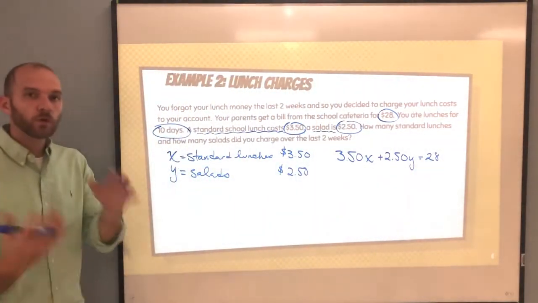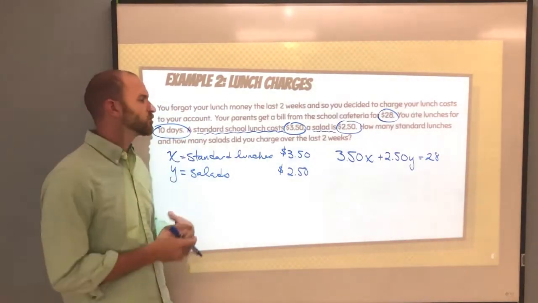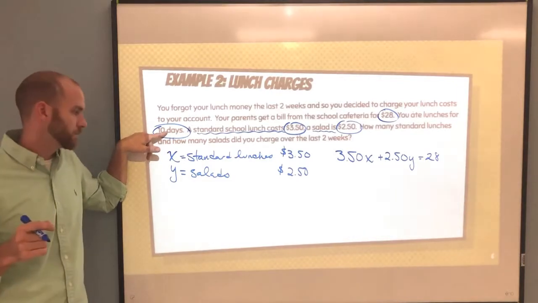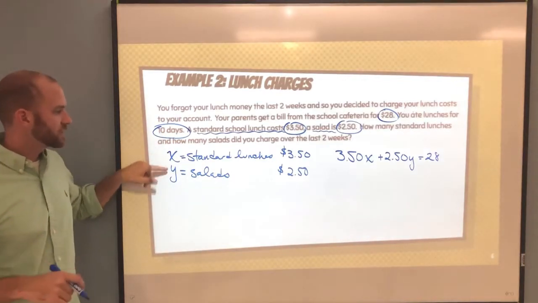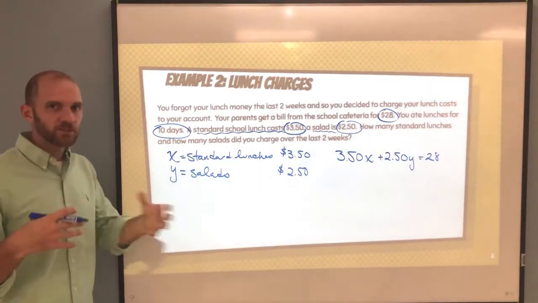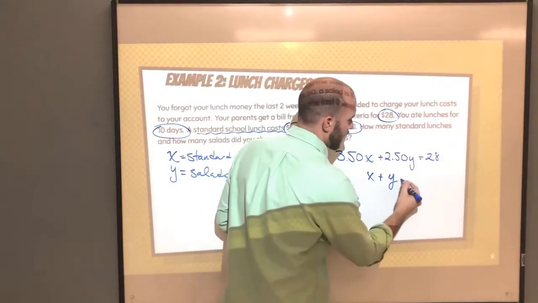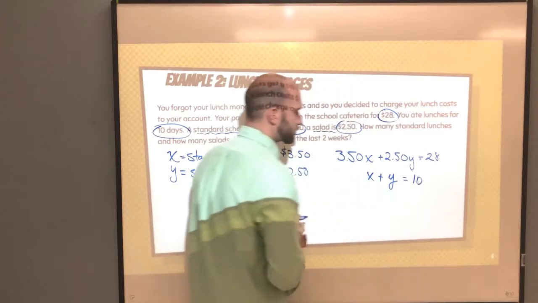Okay? So we've worked with the dollar side of things. Let's just work with the pure amount side of things. I know I charged lunch for 10 days. And if I'm charging standard lunches and salads, there's going to be some combination of these two together, right? So we can say that's just X plus Y equals 10.